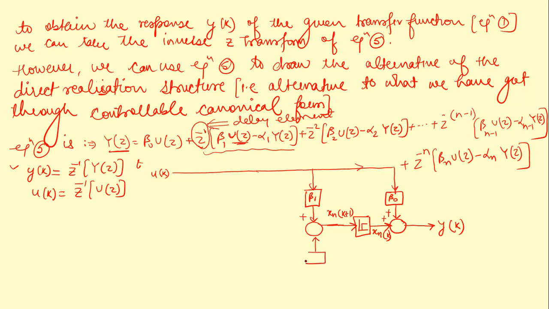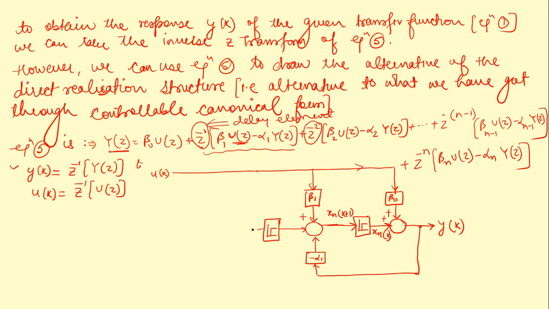So we will add minus alpha 1 here, and this minus alpha 1 is multiplied with yk, right? Now some input is coming here. This is also a delay element. Now we have two delay elements. One element is here. Now we will add one more delay element here, right?